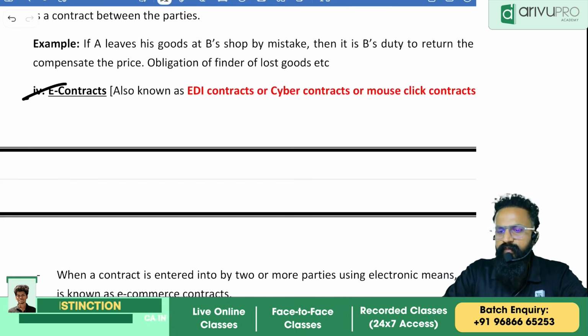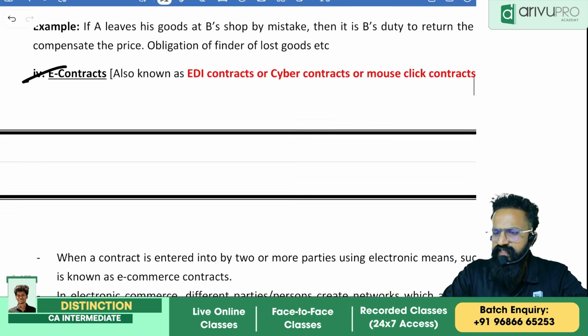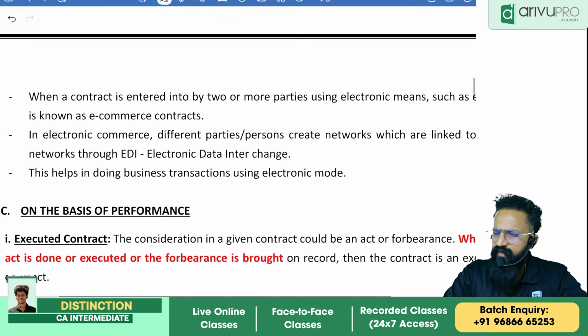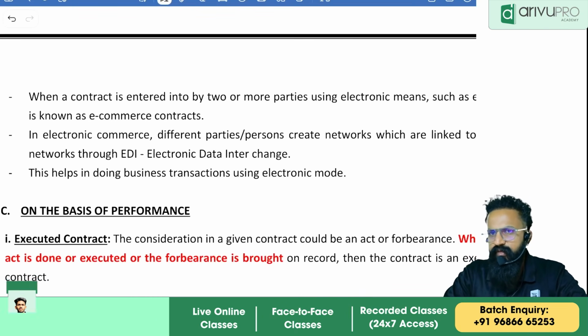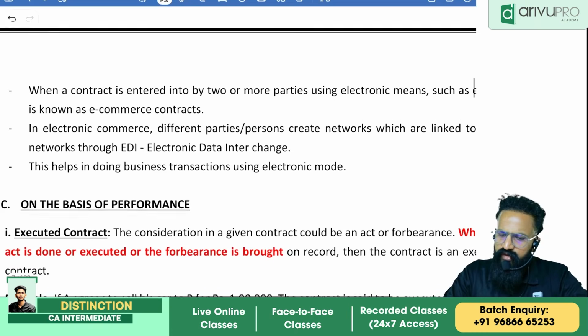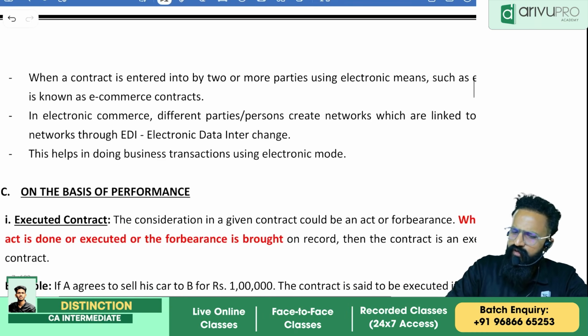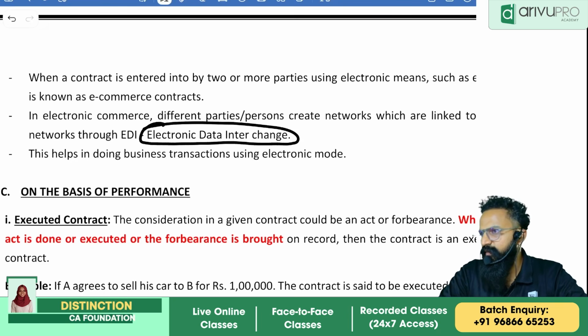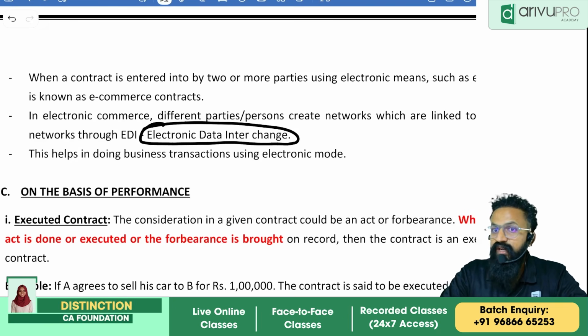E-contracts are also called EDI contracts, cyber contracts, mouse click contracts. It is when a contract is entered between two parties using electronic means. In electronic commerce, they also do it through electronic data interchange. What is EDI? It's whenever one system communicates with another system.